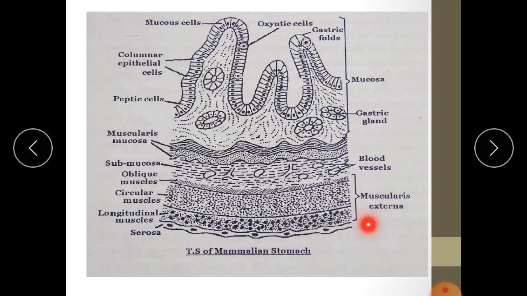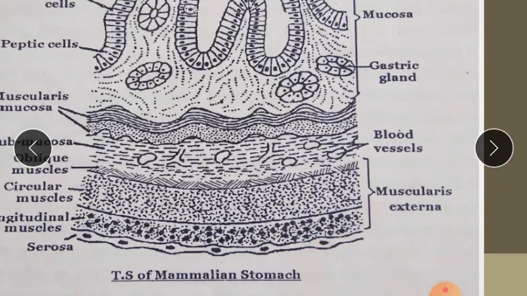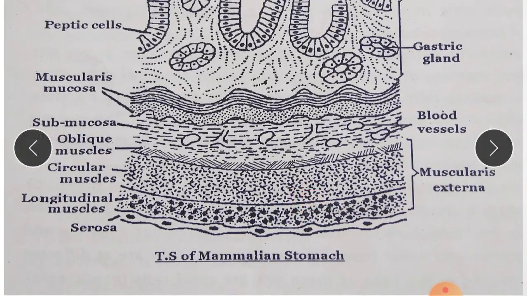Next to this one is muscularis externa. Can you see this? The muscularis externa has smooth muscles, and these muscles are arranged in different directions. These are longitudinal muscles, present lengthwise.